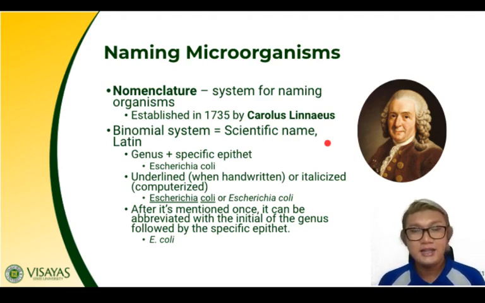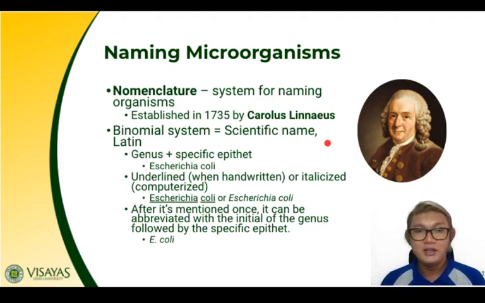Latin, because Latin is already a dead language, meaning it does not evolve through time, unlike Tagalog or Bisaya, di ba? Our language evolves. The meaning of one word today may differ 10 years from now. But with Latin, the meaning of the word will be the same through generations, because it is already a dead language. Okay? And that is called a universal name because everyone around the world understands what is meant.